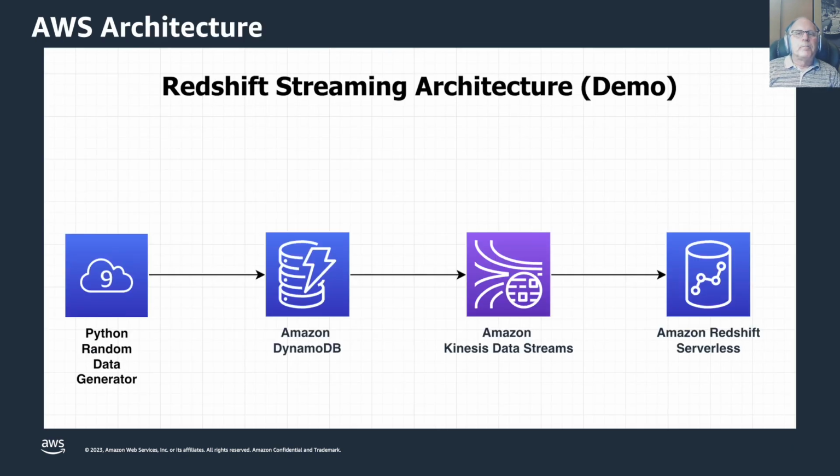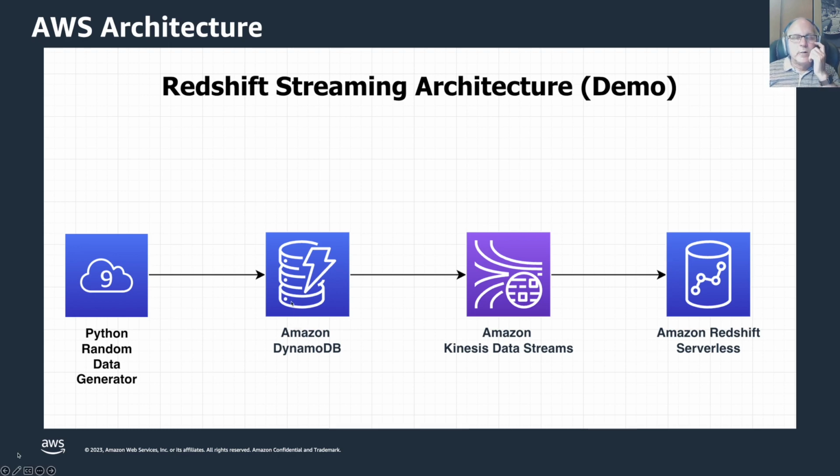So let's look at the architecture of the solution for this demo. We're going to use a Python random data generator to generate some completely fictitious data for the customers and for the quests that they take on. We're going to move this data into an Amazon DynamoDB table. That's our NoSQL database offering.